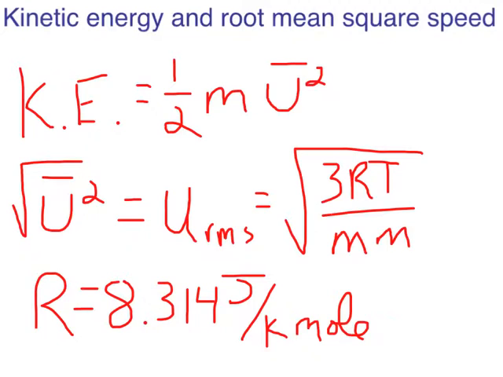Okay, so what we know now is that kinetic energy, the energy of the gas particles, is equal to 1/2 the mass times the velocity. It's a u, but it's velocity. Actually, it's not velocity, it's speed.